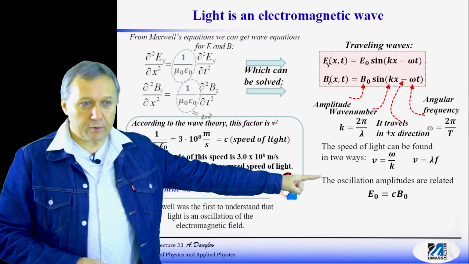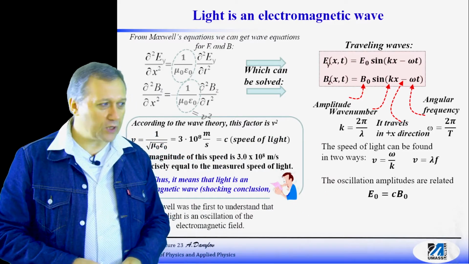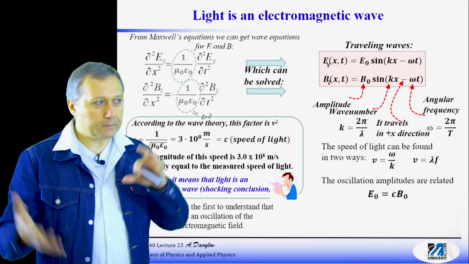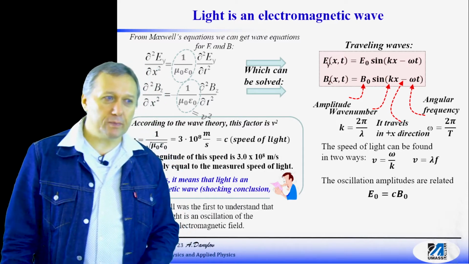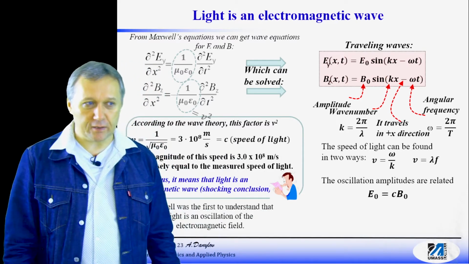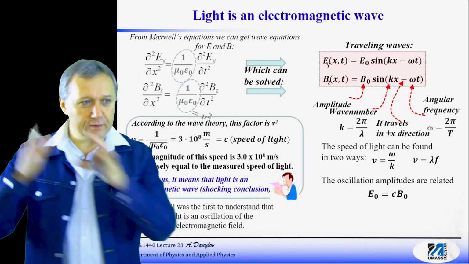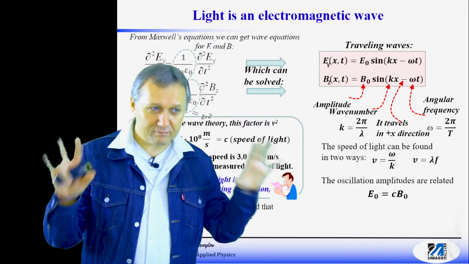Okay, so remember, of course, the relationship between amplitudes. Sometimes students forget. Or sometimes on the exam I can give a problem about finding the amplitude of the magnetic field, and the amplitude of the electric field is given. And students just grab the amplitude of the electric field and write it as the amplitude of the magnetic field. No.